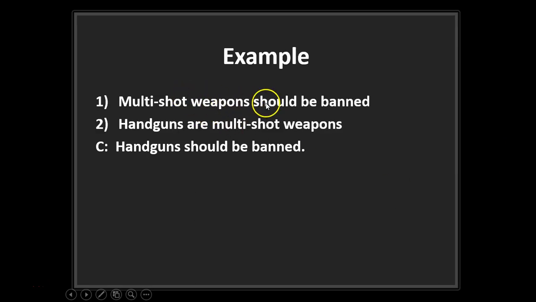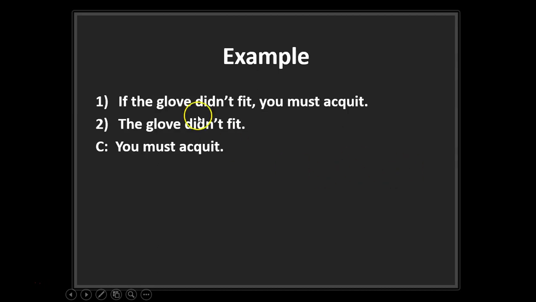Multi-shot weapons should be banned. And handguns are multi-shot weapons, therefore handguns should be banned. Now, here's an example where, regardless of what you think about this, if you assume these two premises are absolutely true, that conclusion would necessarily follow, right?